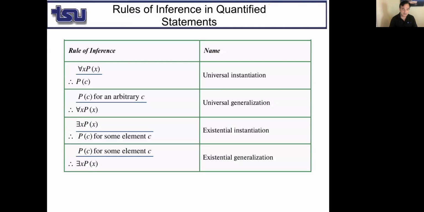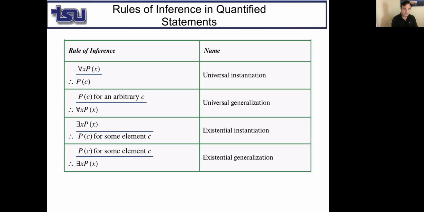Now that's pretty easy. Look at here, for every x, P(x), that means for every element in the domain, P is true. That means for a particular element in the domain, it must also be true. That's called universal instantiation.